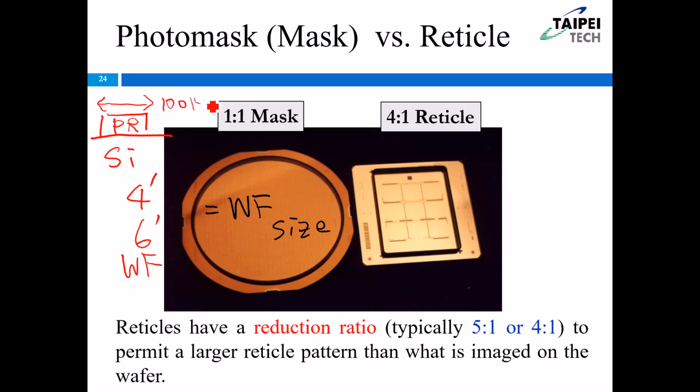You see, when you use the 4 inches or 6 inches silicon wafer, it means your transistor, your capacitor has a very large scale, like the 100 micrometer, very large scale of the pattern. It's our target. Today, I want the PR to have the line width of 100 micrometer, very large scale, right? Very large.